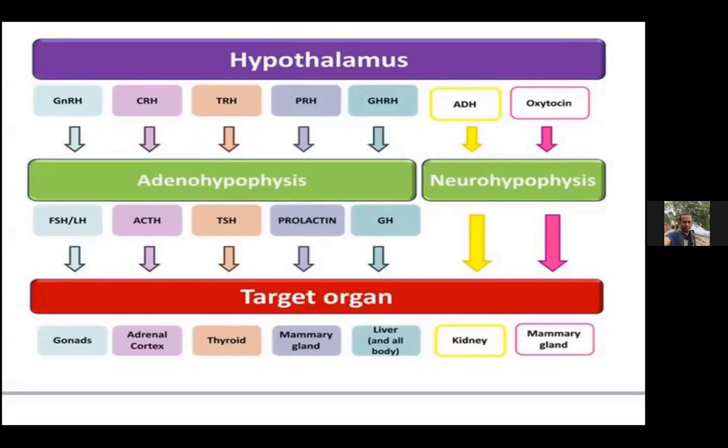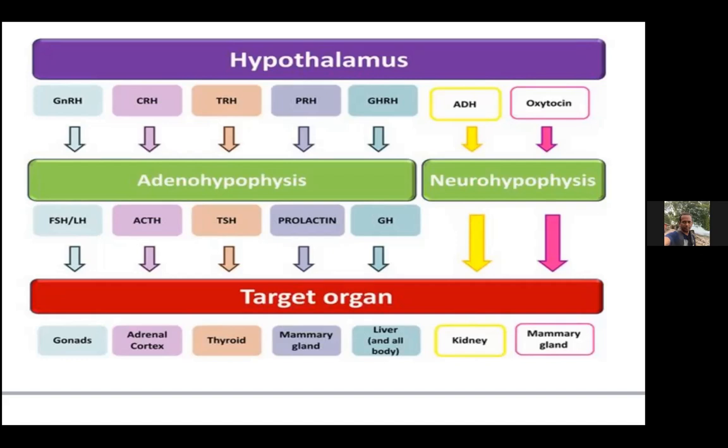From beneath the hypothalamus, we have the small pituitary gland, which has two parts: the anterior pituitary and the posterior pituitary. The anterior pituitary is connected with the hypothalamus through vessels, so the hormones created above are pushed down through the blood and stimulate the anterior pituitary.